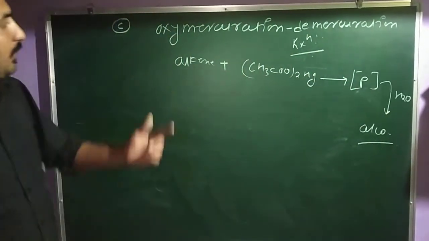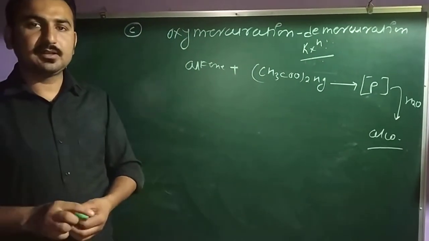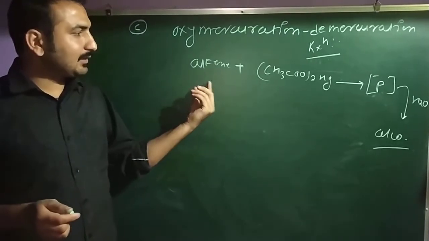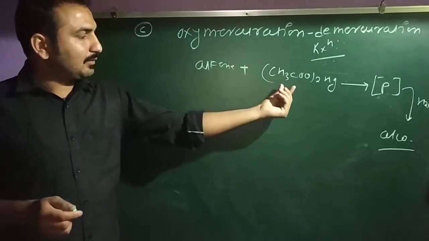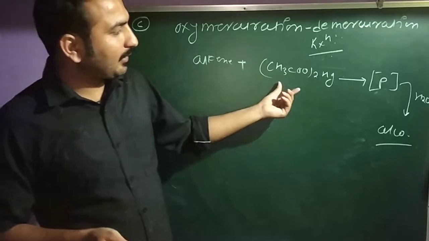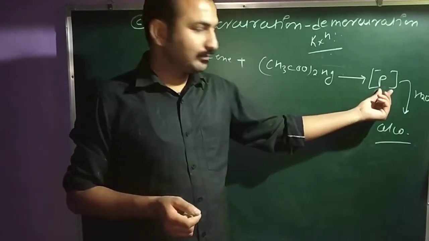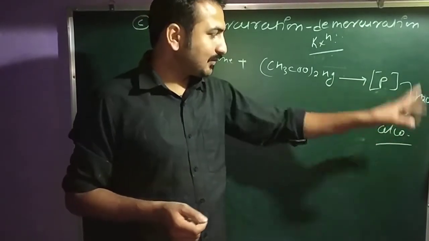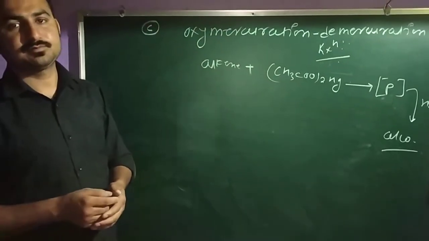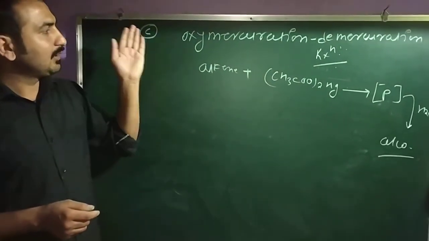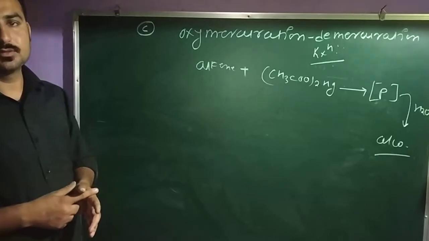This is your oxymercuration demercuration reaction. What will happen? The alkene reacts with the mercuric acetate to give an addition product, and on hydrolysis this will give you alcohol. Clear? This is your oxymercuration demercuration reaction.